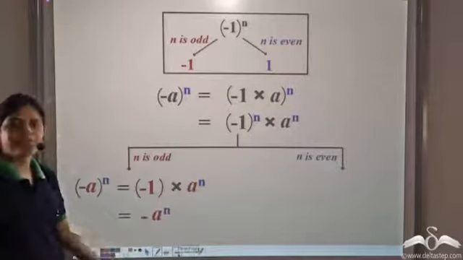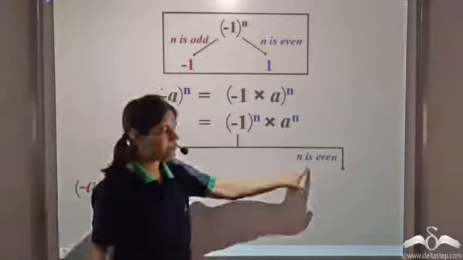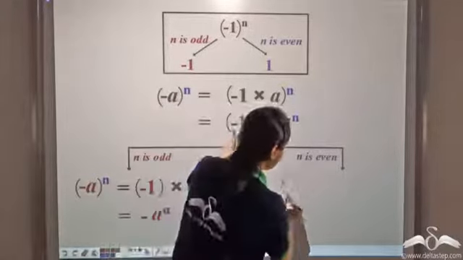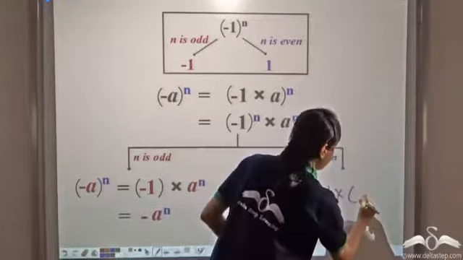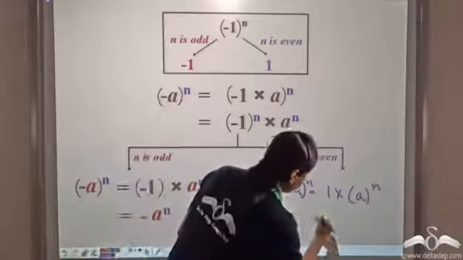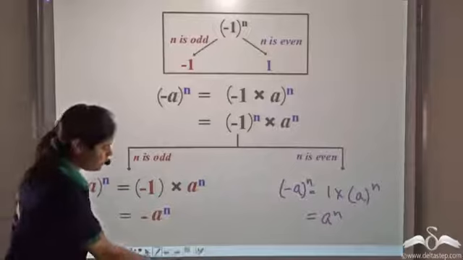So this is what we have. But when n is even, then this will be plus 1. So this will give us 1 into a to the power n, which is equal to a to the power n. So this is what we have.